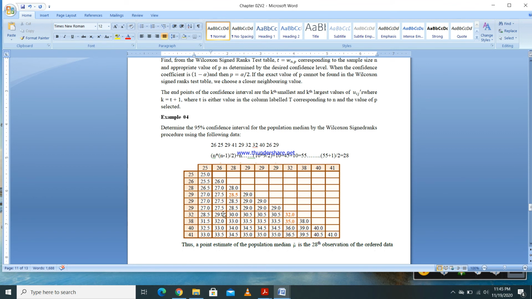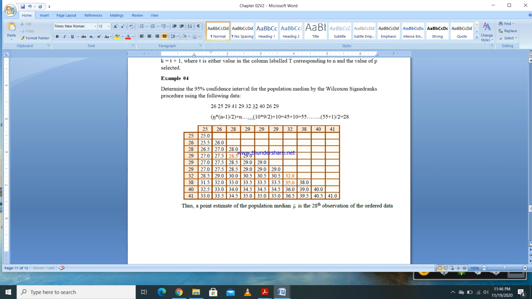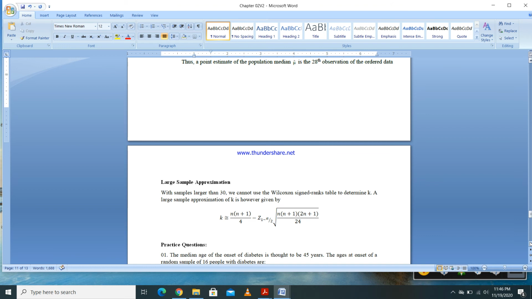If you arrange these mean values in ascending order and check what is the 28th observation, you can take that 28th observation as your point estimator for the median. According to this data set, the 28th observation would be 32. So according to this example, the point estimator for the population median is 32.